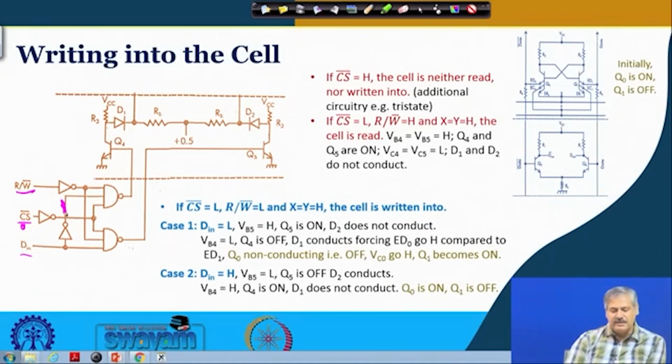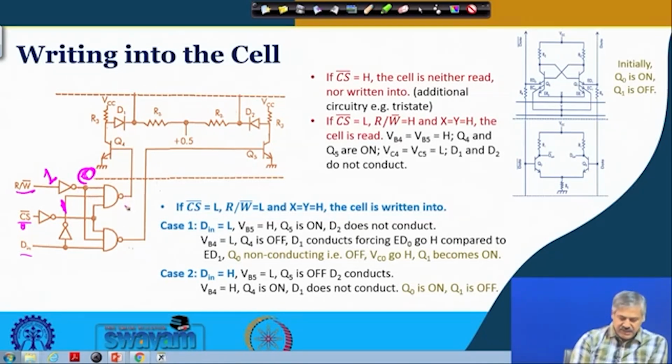And at that time, if this read write bar input is high, so that relates to read operation. So this is your 1 and this is your 1, so this one will give you a 0 over here. Is it clear?